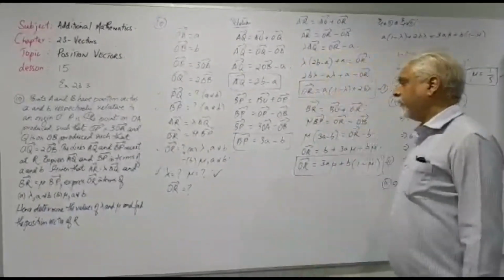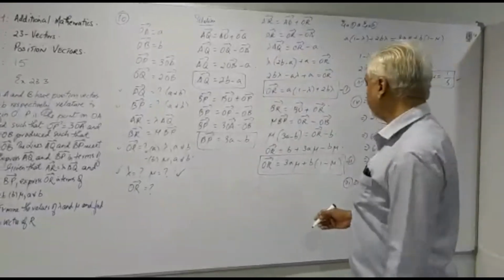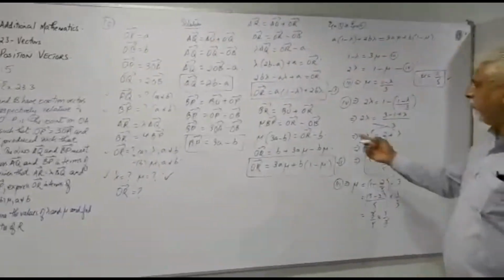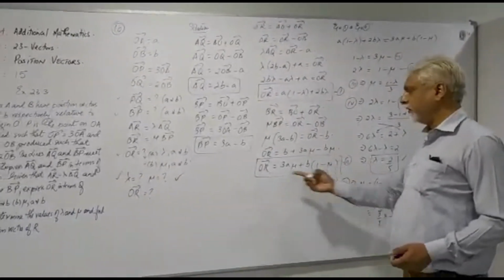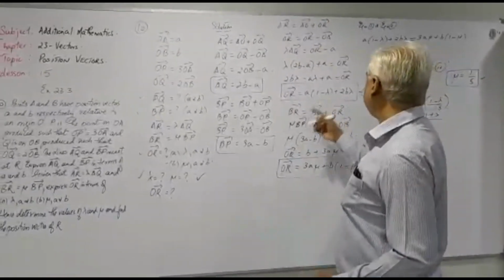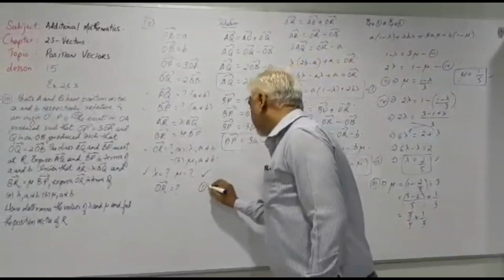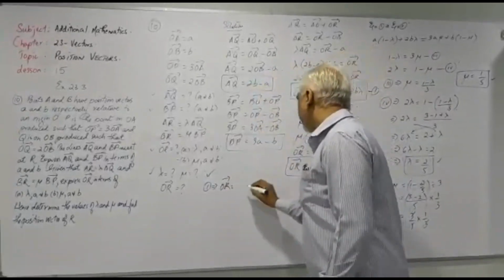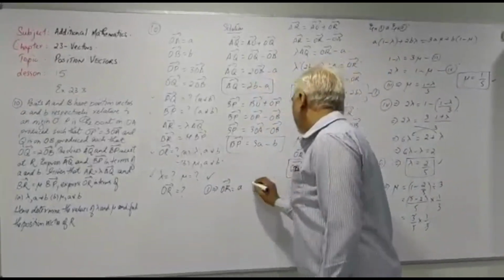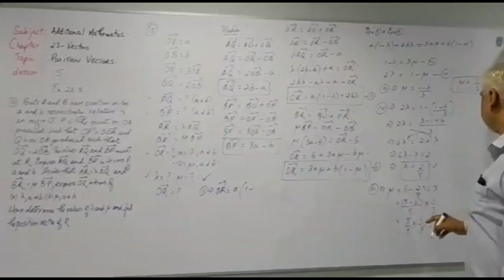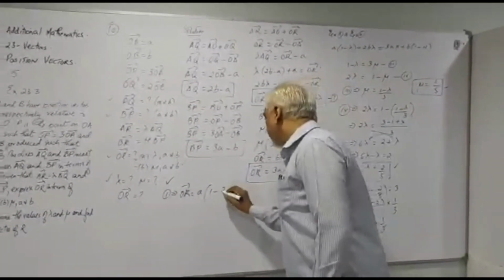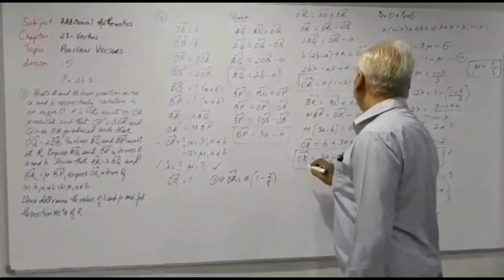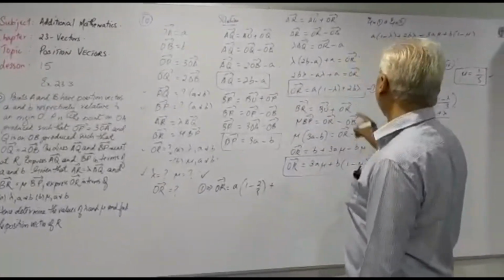Now I need to find the value of OR. So what is OR equal to? Putting the value of lambda and mu in any one of the equations, either equation 1 or 2, you'll get the value of OR. Let me substitute it in the first equation. So my first equation, OR equals a(1 minus lambda) plus 2b lambda, where lambda is 2 over 5.